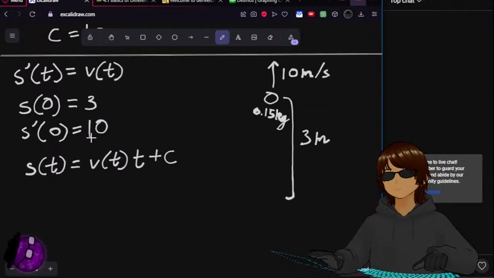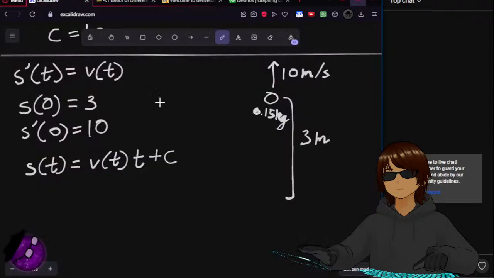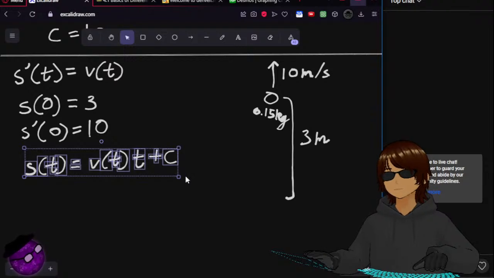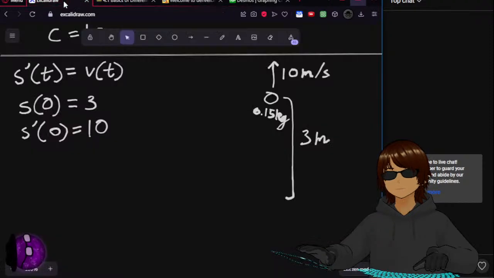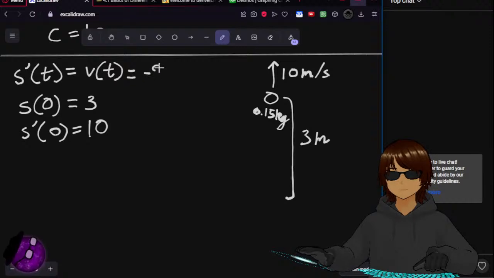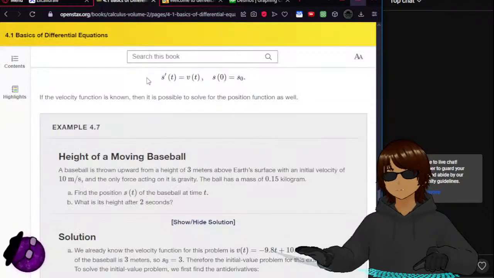No, I don't think this is right. t minus 9.8 plus 10.